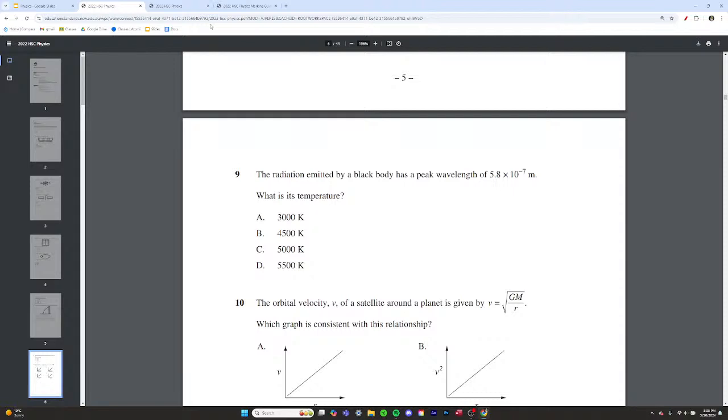So be careful. If that was in nanometers, you would have to change the units. You want to divide that by 5.8 times 10 to the minus 7.